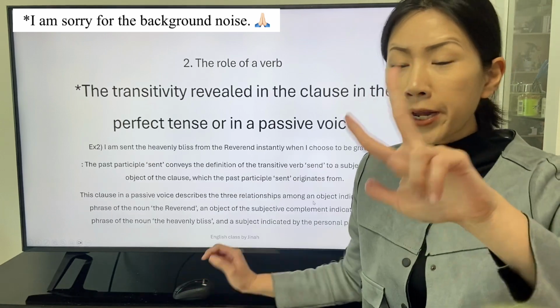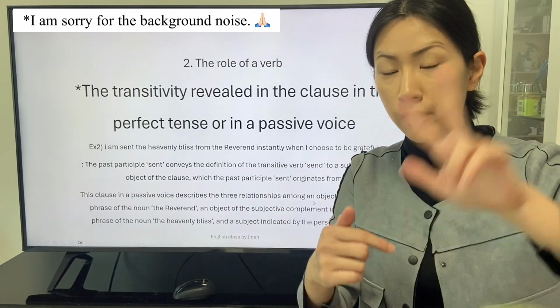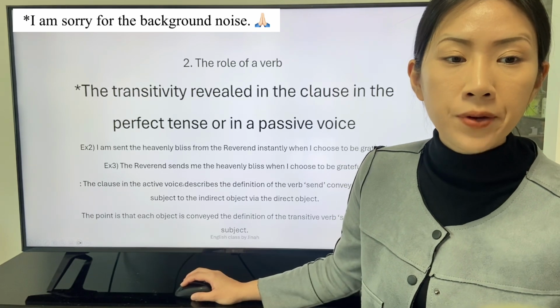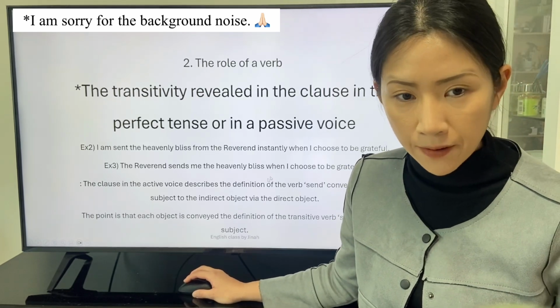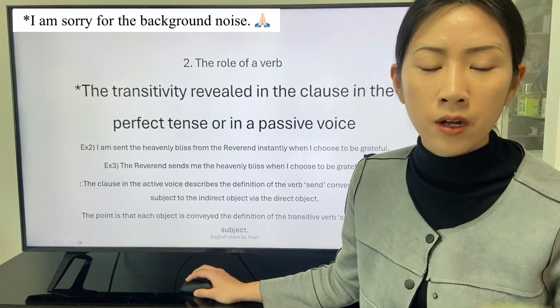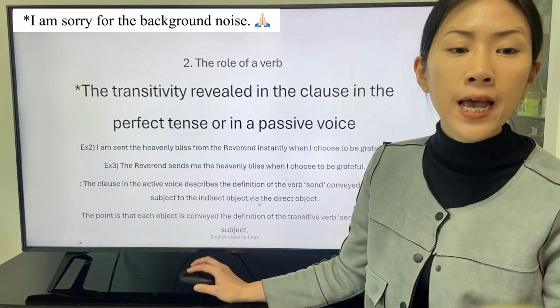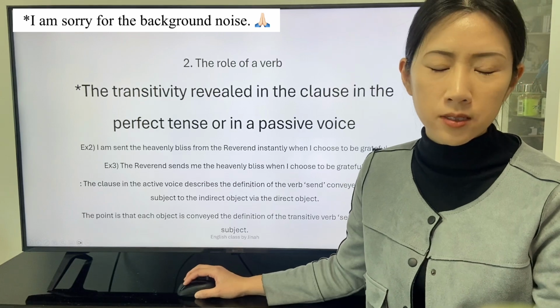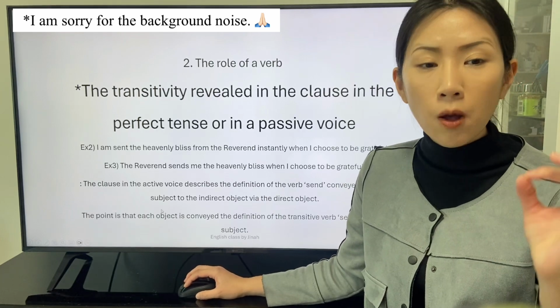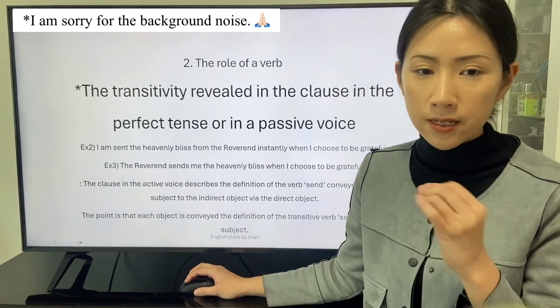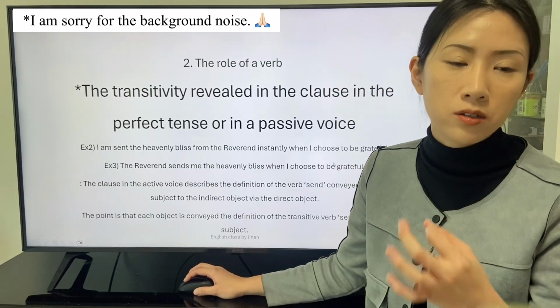There are triangular interactions between 3, right? The clause in the active voice describes the definition of the verb send conveyed from the subject to the indirect object via the direct object. The point is that each object is conveyed the definition of the transitive verb sent from the subject, the referent.